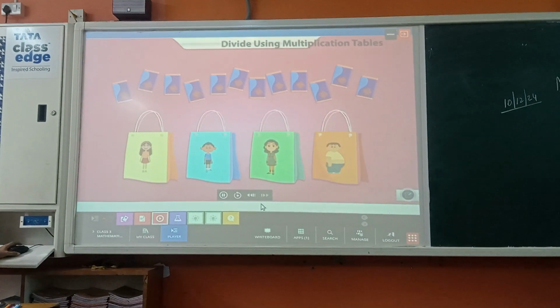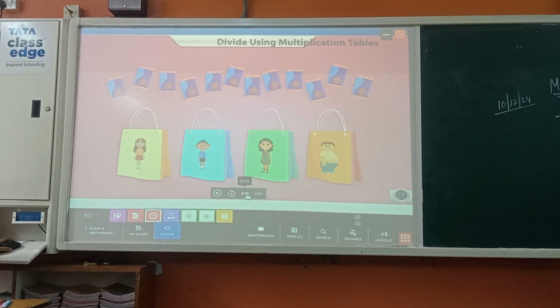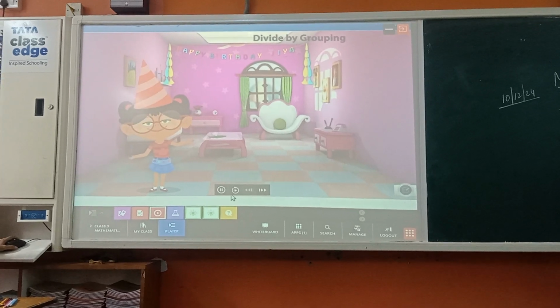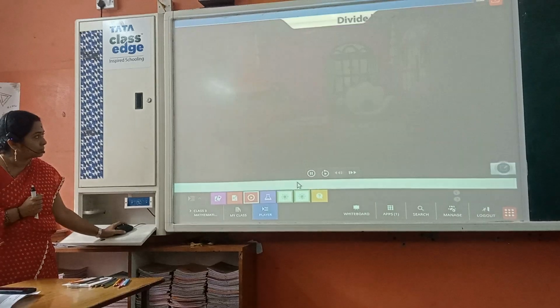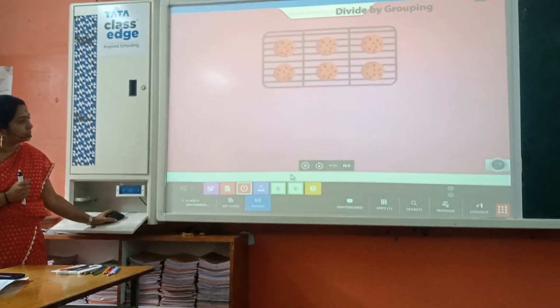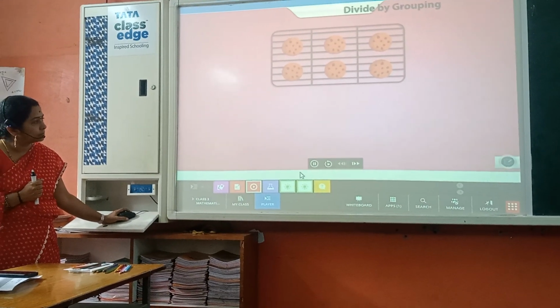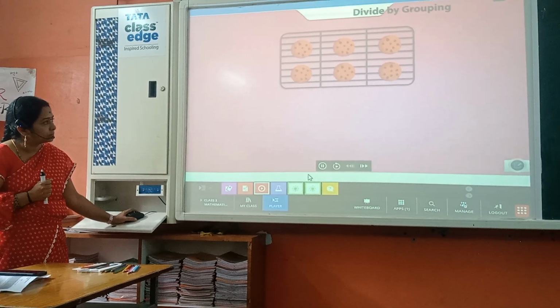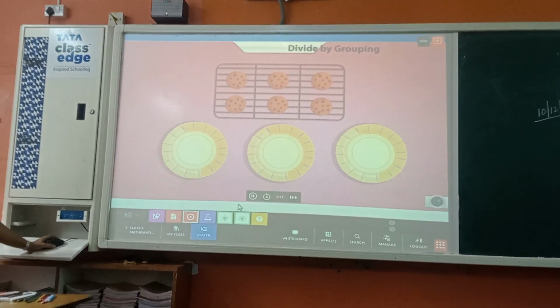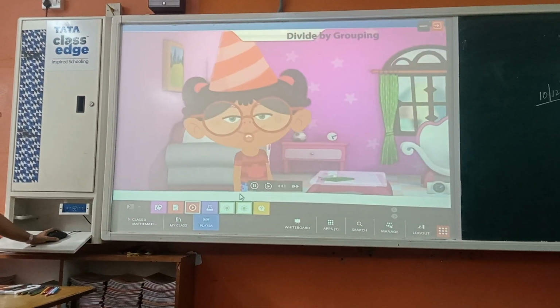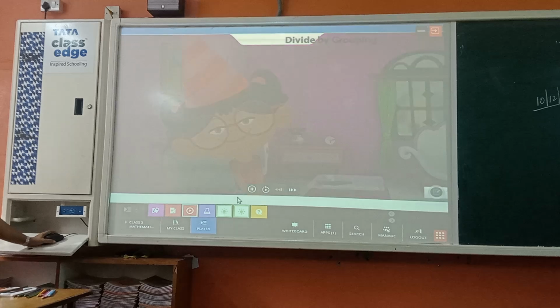I am now packing return gifts for my friends. It's my birthday today, and my mom has made arrangements for a party. Mom has made some yummy cookies. I need to distribute these 6 cookies equally among 3 plates. Can you please do that for me?